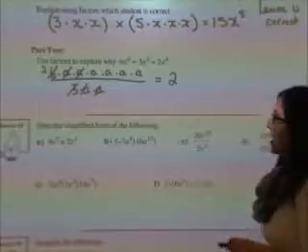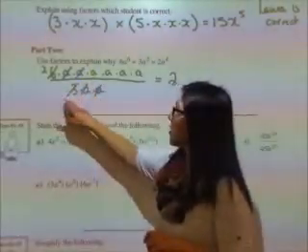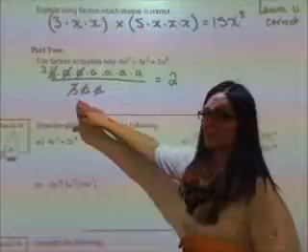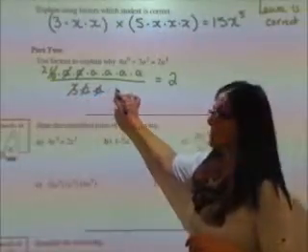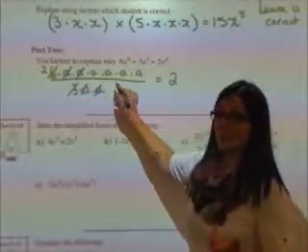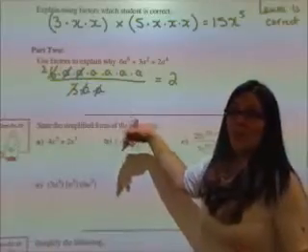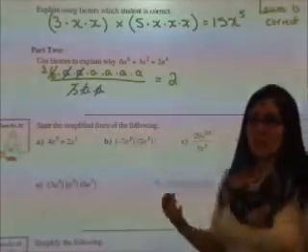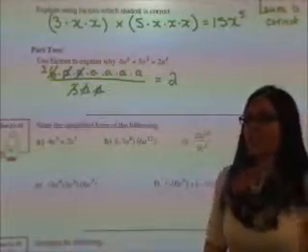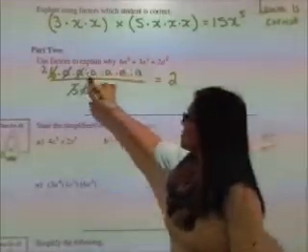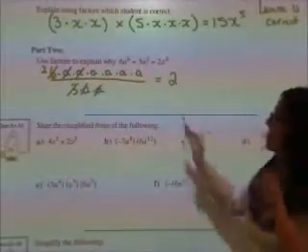So I've got my a's canceled out on the bottom. What am I left with down here? 1. So do I have to put it over 1? No, it's basically I've gotten rid of the denominator. And how many a's do I have up on the top? 4. So I have 2a to the power of 4.